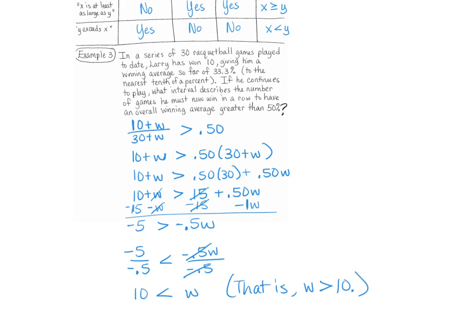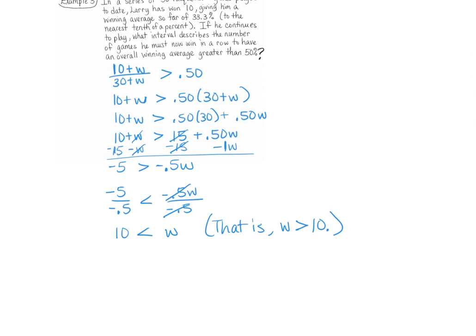Okay, if W is greater than 10, our interval is parentheses 10 to infinity, because it's strictly greater than. So parentheses 10 to infinity, or bracket 11 to infinity.